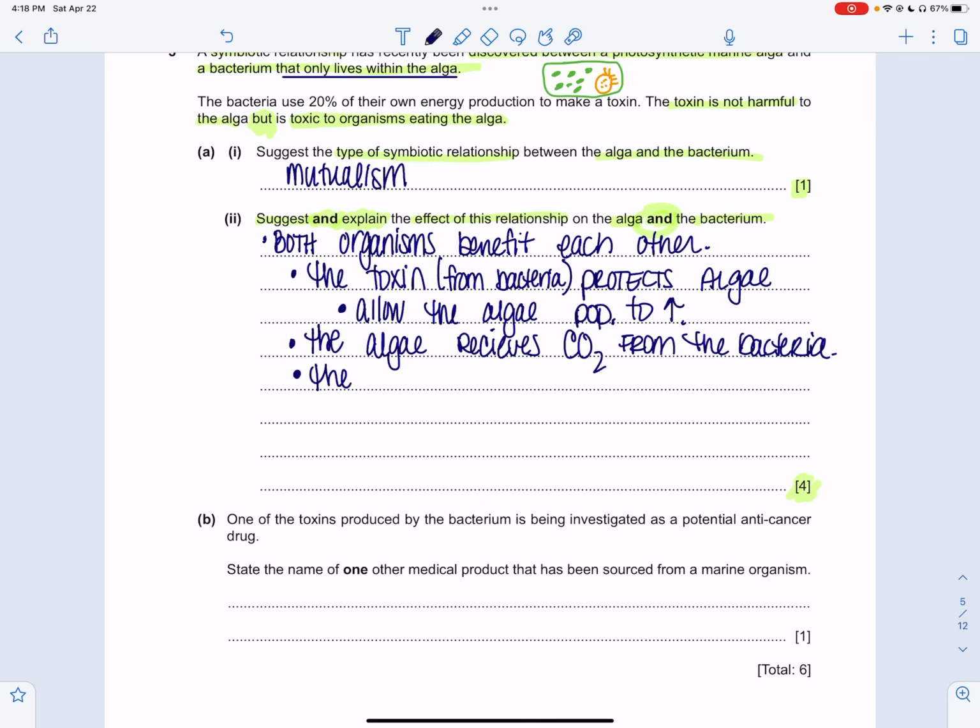Okay, and now where the bacteria is going to benefit. The bacteria gets protection living inside of the algae, or like an environment from the algae.